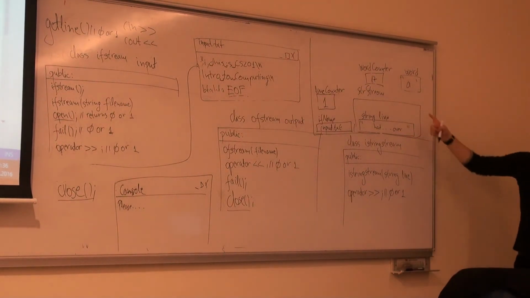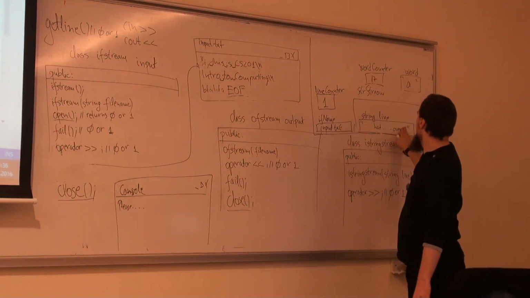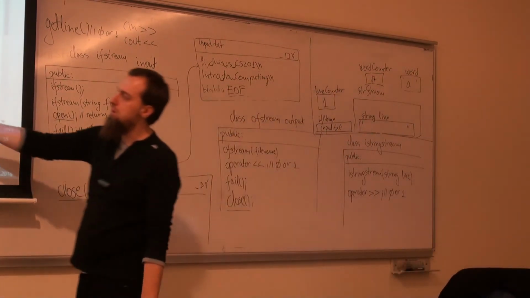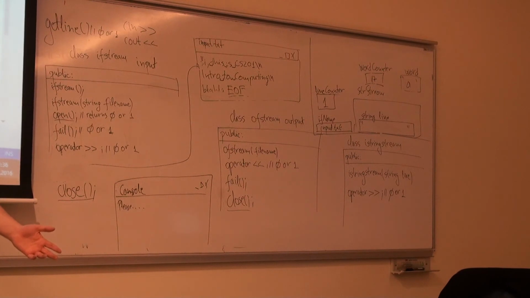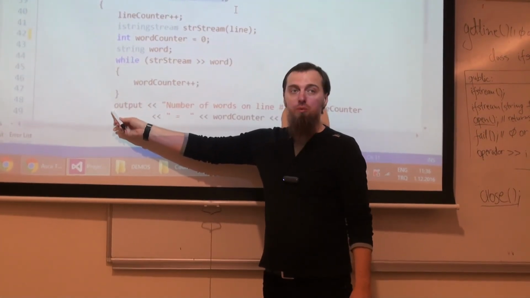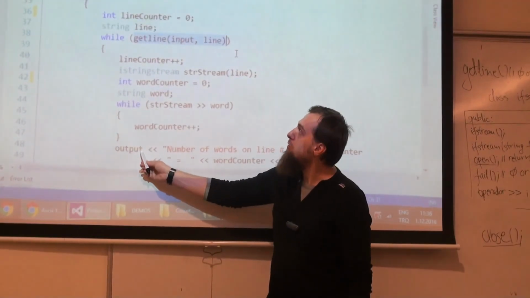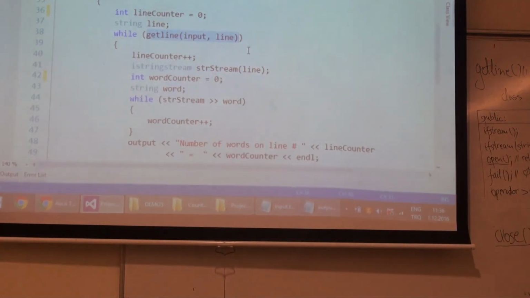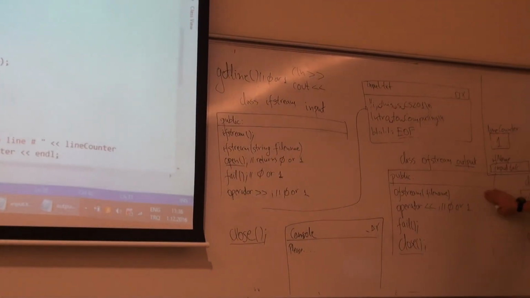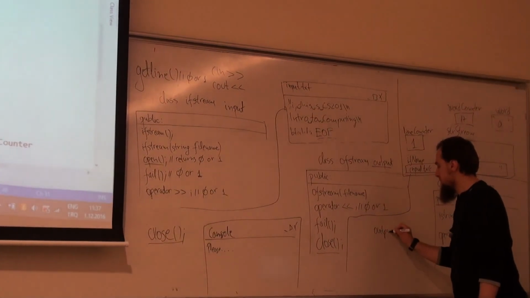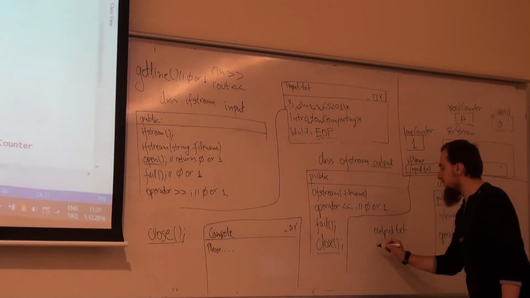Let's assume it was 17. Now we try to take another word from an empty string stream. We don't have anything to take. Since we cannot read words anymore, this will be false. So we go here, and we're trying to print this. We have output, but what was output? Output was the ofstream, this guy, and it created a file called output.txt.